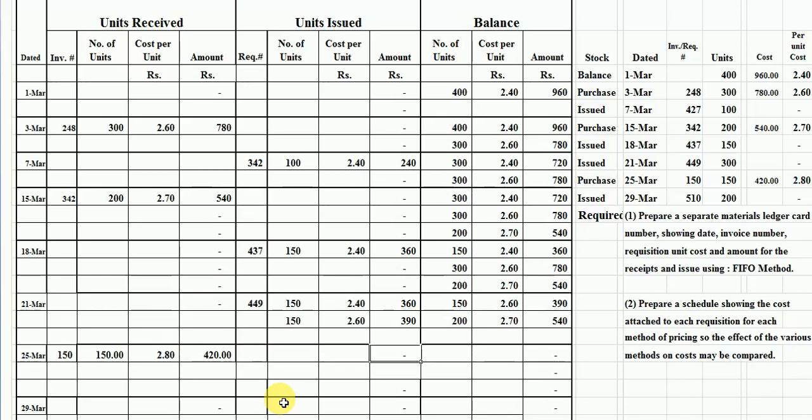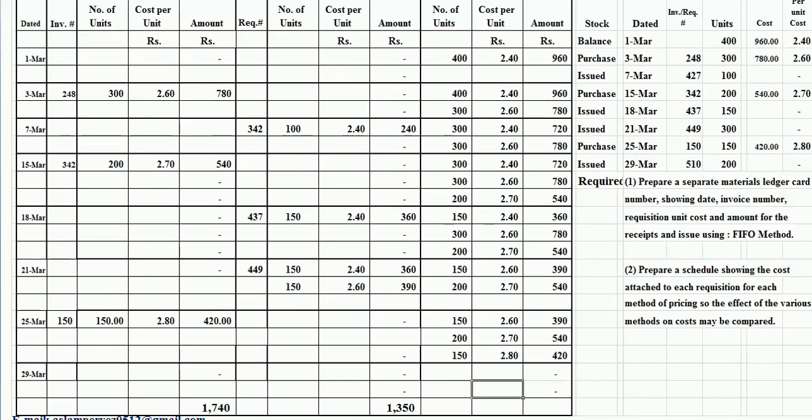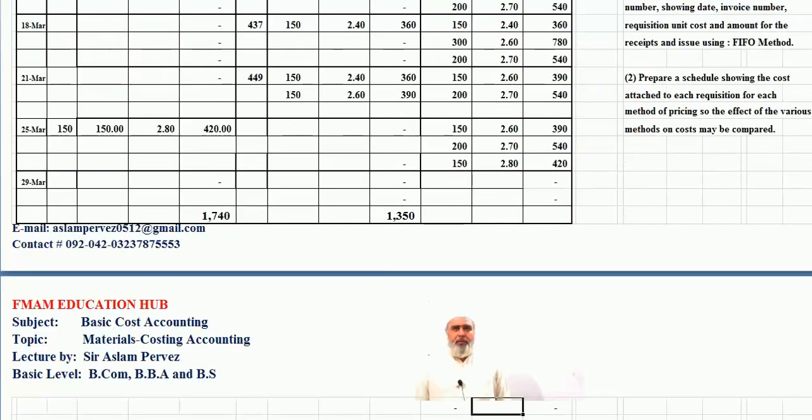Students, this is our purchase on the date of 25th March, which has been recorded in the units received column. Now we move to the balance column to record all the inventories: previous inventory of 150 units at 2.60, 200 units at 2.70, and the current inventory of 150 units at the rate of 2.80. Students, this is our current inventory available.